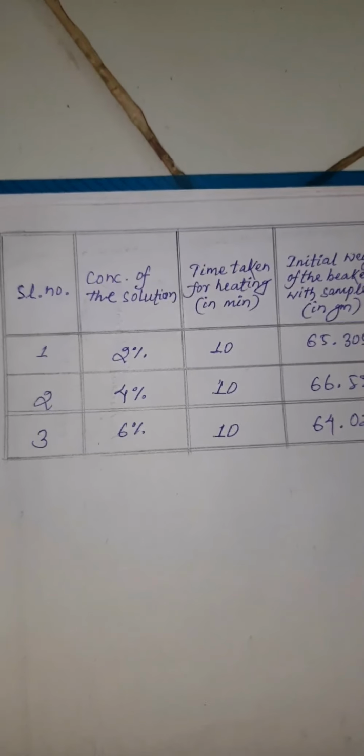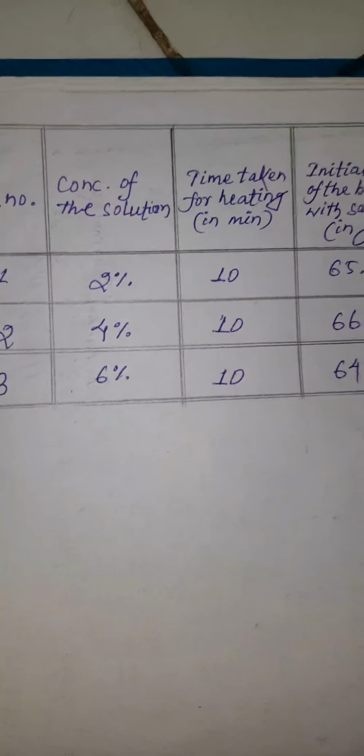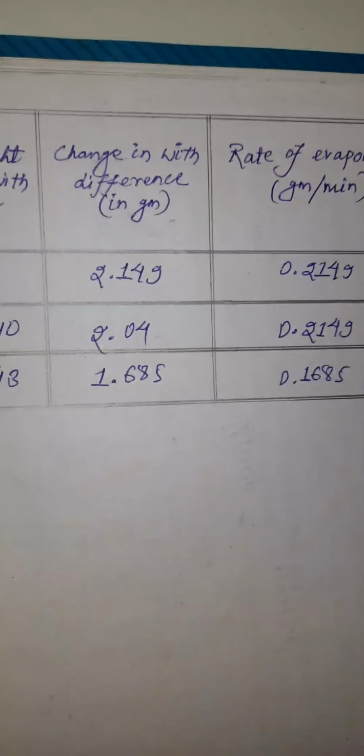Now all the weights were written in the tabulation of the lab manual. This is the serial number, then concentration of the solution 2%, 4%, 6%, time taken for heating in minutes, that is 10 minutes for each beaker, the initial weight of the beaker with sample in gram, then the final weight of the beaker with sample in gram, then the change in weight difference.